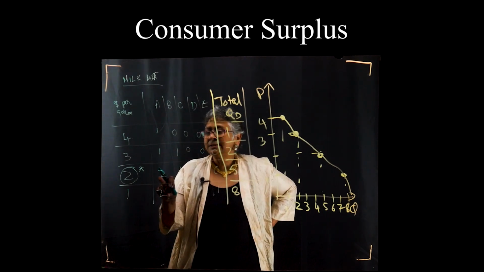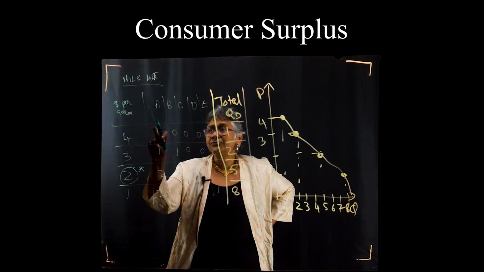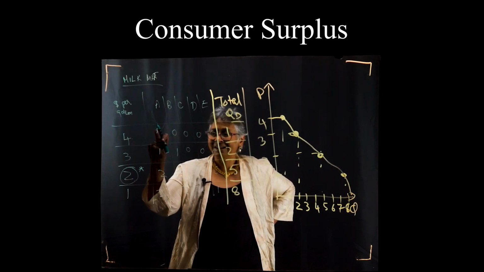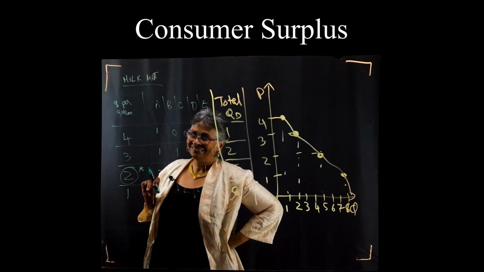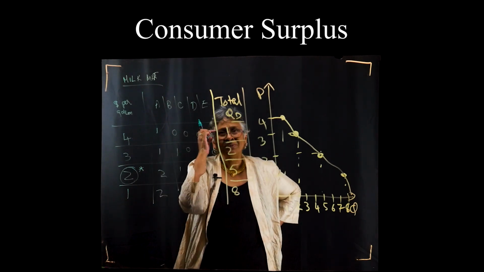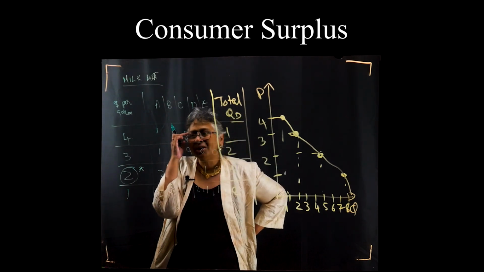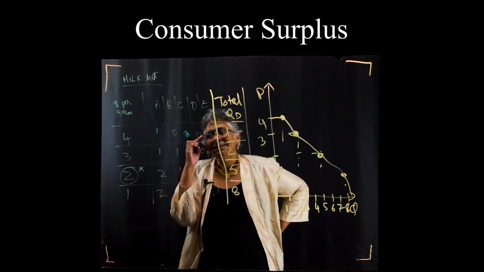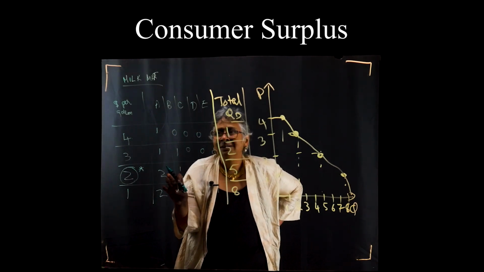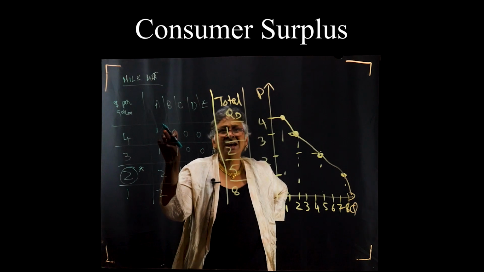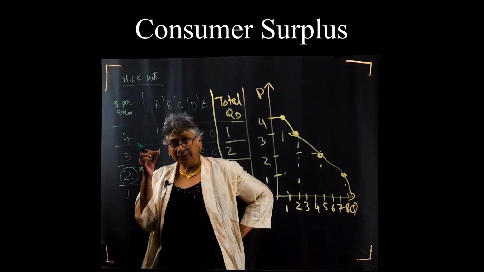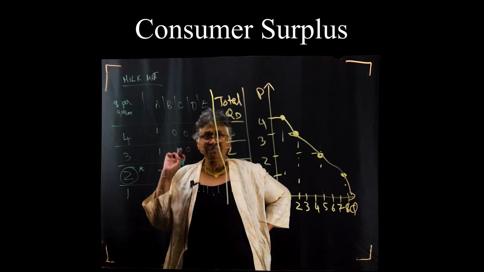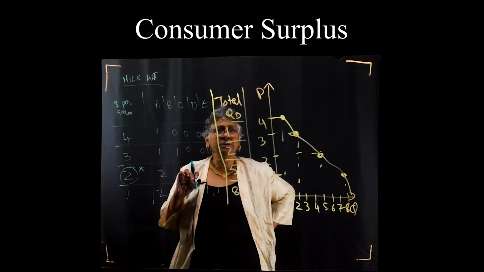But for the first unit, A would have been willing to pay $4. So always remember, in order to figure out consumer surplus, you are comparing the price paid to the price you would have been ready to pay. So for the first unit, A would have been willing to pay $4, but A is only paying $2.